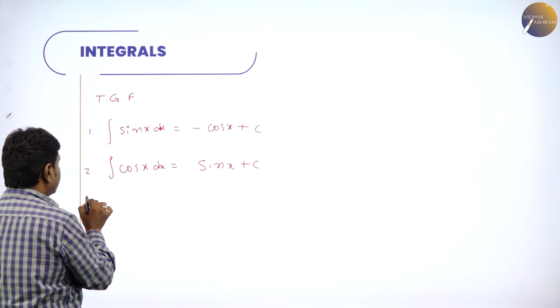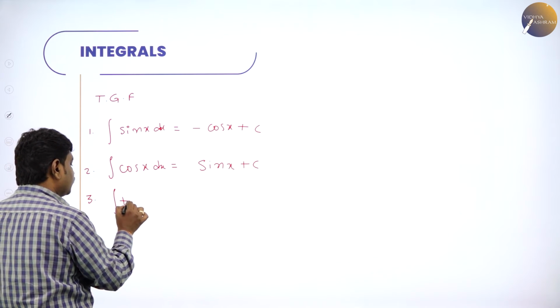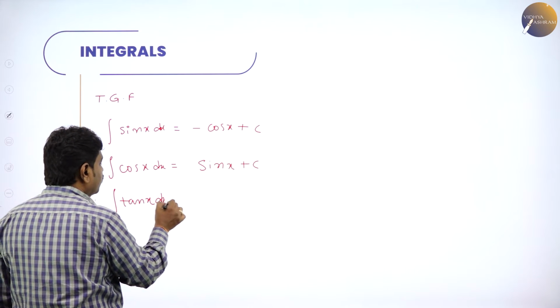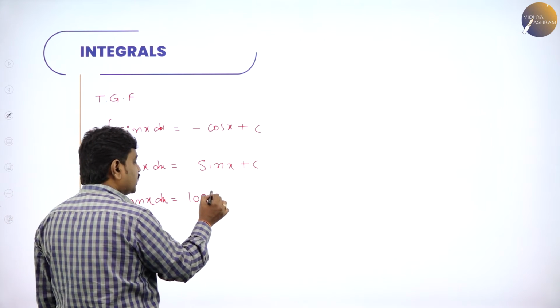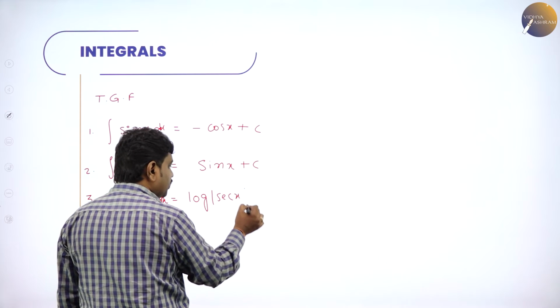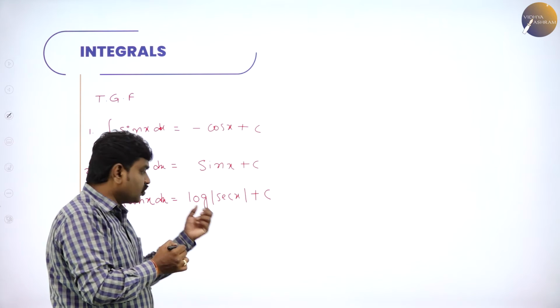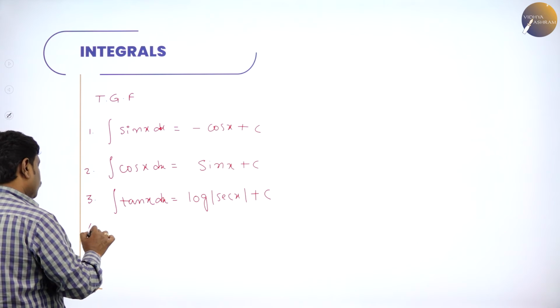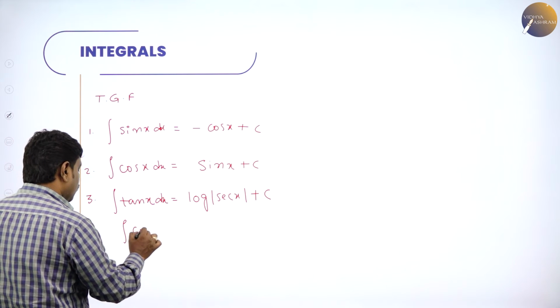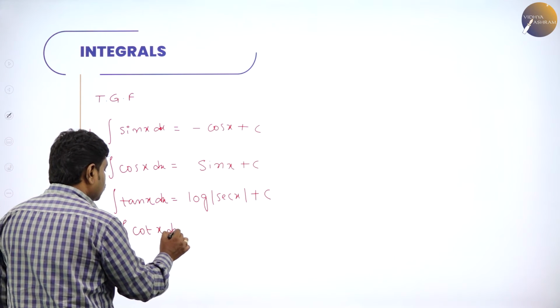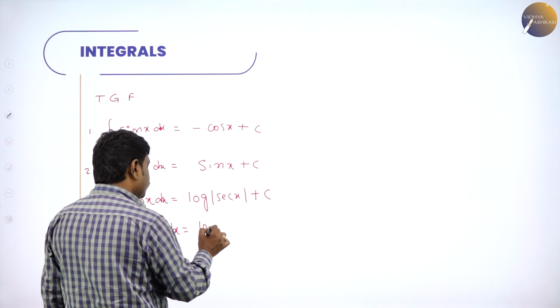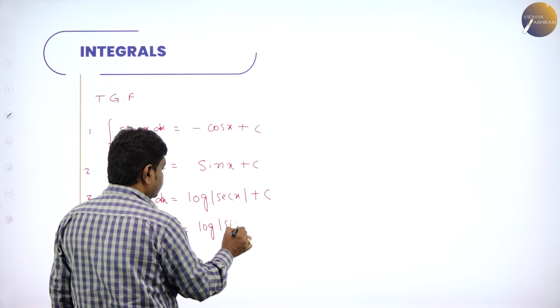And integration of tan x. Integration of tan x is log of mod of secant x. Why? Because you take this and differentiate using the chain rule, you will get tan x. So the fourth one, integration of cot x, is minus log of mod of sin x.